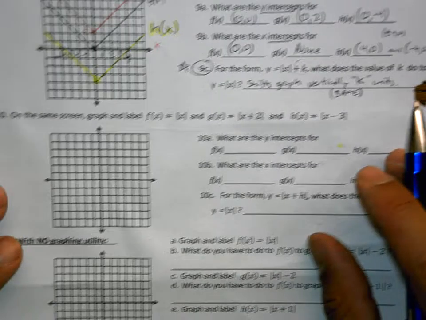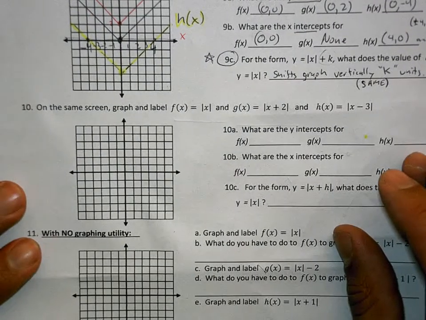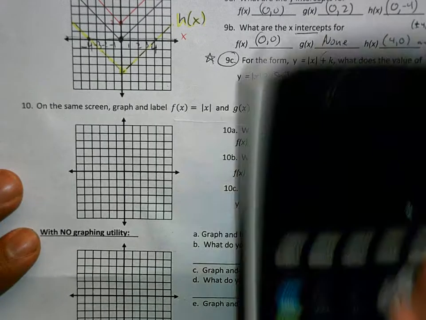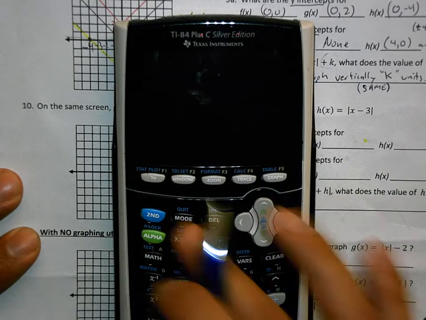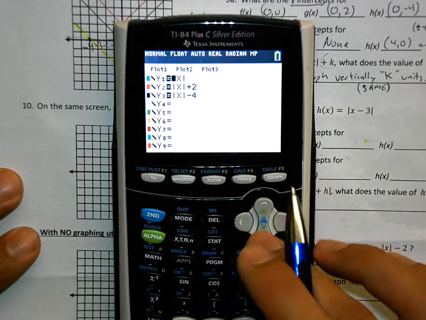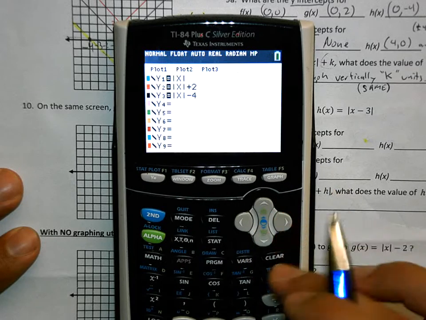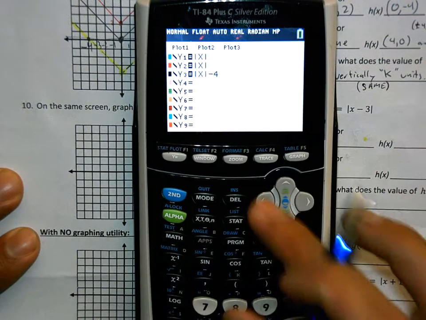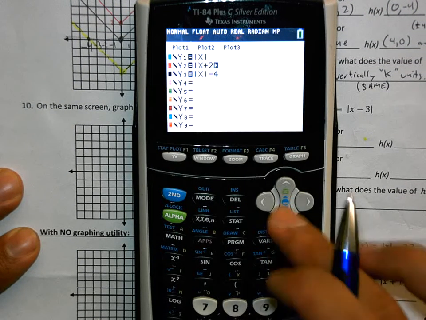Whereas, when we go to do number 10, something different is going to happen. So I'm going to do number 10. I'm going to do it on the graphing calculator for you to see. The way 10 is different is the plus 2 is inside the bracket this time.